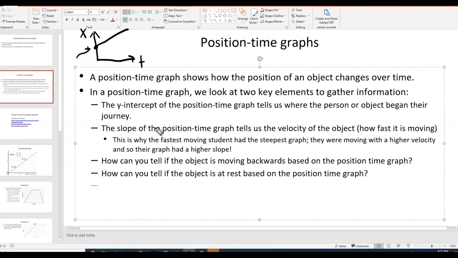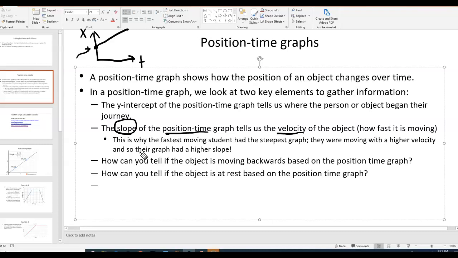Fact number two, which is more important, is that if you want to use a position time graph to find the velocity of the object, what you need to look at is the slope. Slope is something you should be familiar with from your math classes. Remember that the slope of a graph represents the rate of change, and the rate of change of position is velocity.